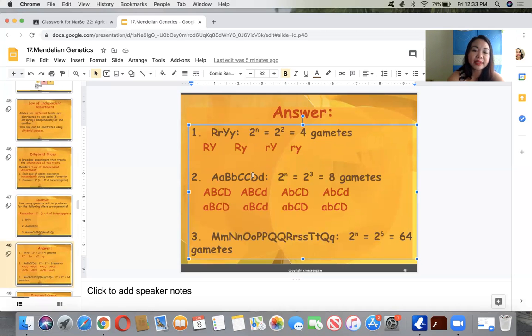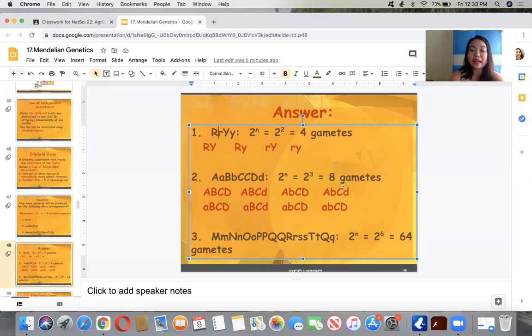In the second combination with A, B, C, D, these are all the combinations using the Punnett square. There are actually three heterozygotes, 1, 2, and 3. Since C is homozygous, 2 times 2 is 4, times 2 is 8.